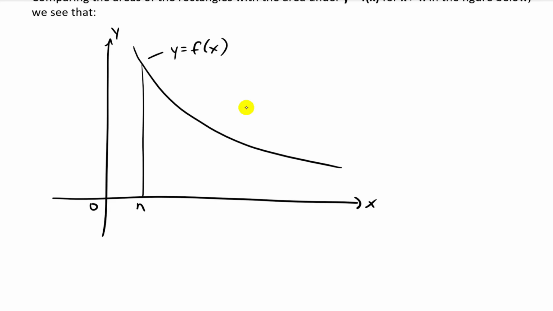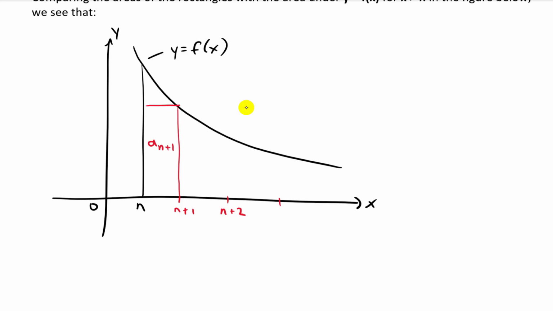So what we'll do is I'll draw a point like here. This is going to be n plus 1, and this is going to be n plus 2, and so on and so on. This part's going to go all the way across like this. I'm going to draw a rectangle from it. So now this is the term a n plus 1.